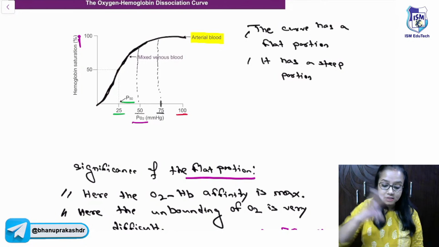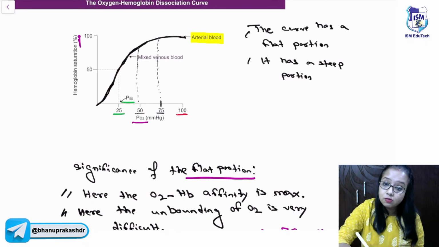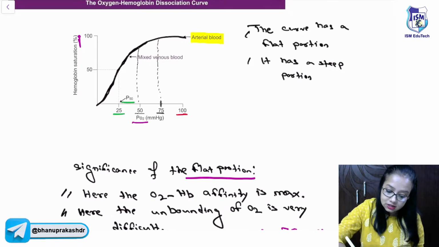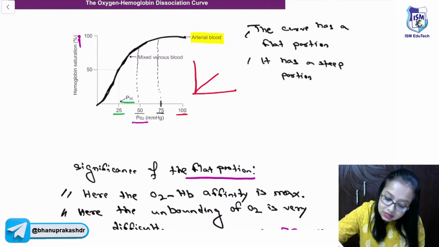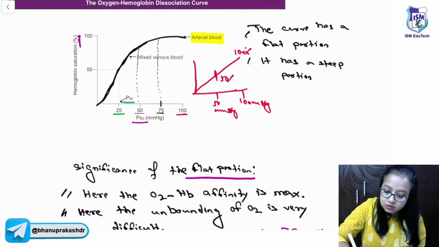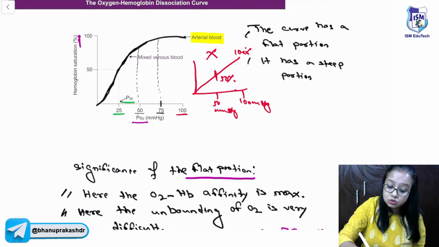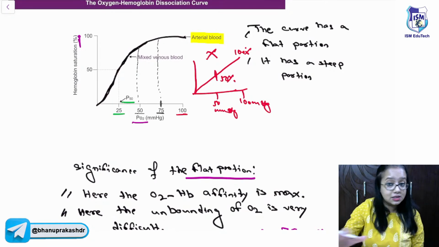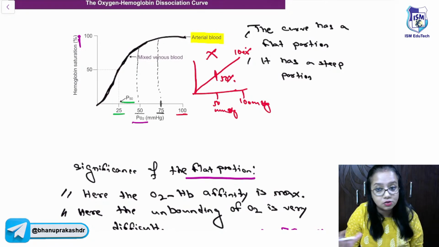Why? Because the oxygen and hemoglobin binding follows the sigmoid curve. If the oxygen hemoglobin curve was linear, then obviously at 100 mmHg the saturation is 100%, and at 50 mmHg the saturation would have been 50%. But this is not happening, because we have just seen that when the partial pressure drops from 100 to 75, even then there is no unbinding of the oxygen from the hemoglobin.